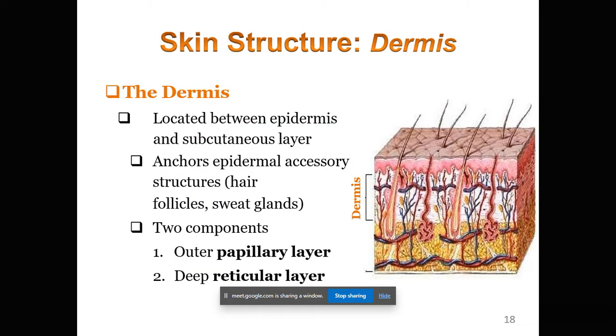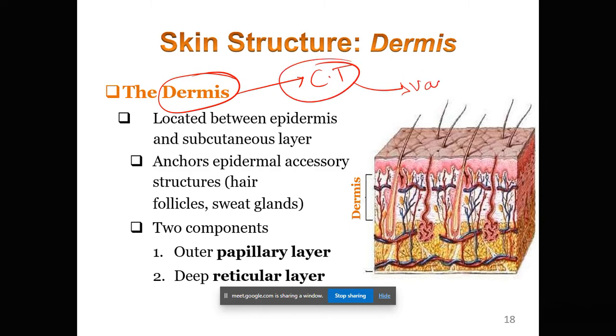Below the epidermis, you will find the layer that is the dermis, and the dermis is made up of connective tissue, which is vascular in nature. It is located between the epidermis and the subcutaneous layer or the hypodermis. It anchors the epidermal accessory structures, that is hair follicles and the sweat glands.